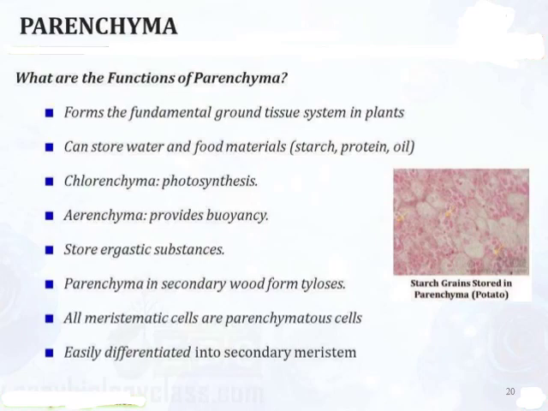Basically, the parenchyma forms the fundamental ground tissue system, as you know, like cortex, pith in stem and roots, and mesophyll of leaf, endosperm, epidermis, endodermis.